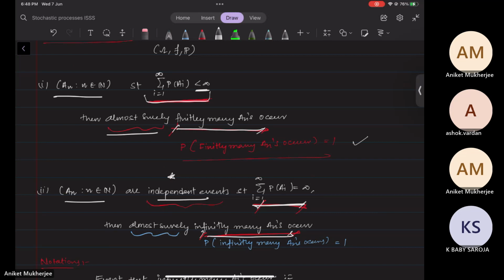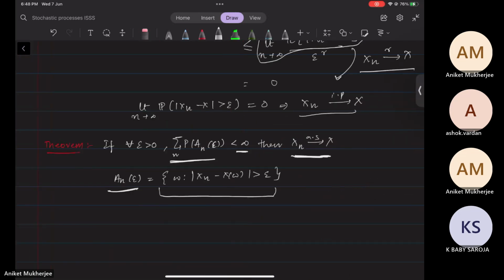So the occurrence of infinitely many A_i has probability zero, and only finitely many A_i will occur. Now this event is the set of omegas where X does not converge. This will occur only a finite number of times. So there will exist a capital N in the natural numbers, after which this event will not occur.